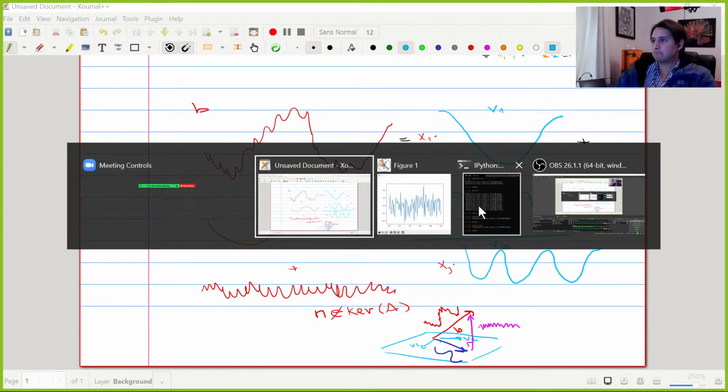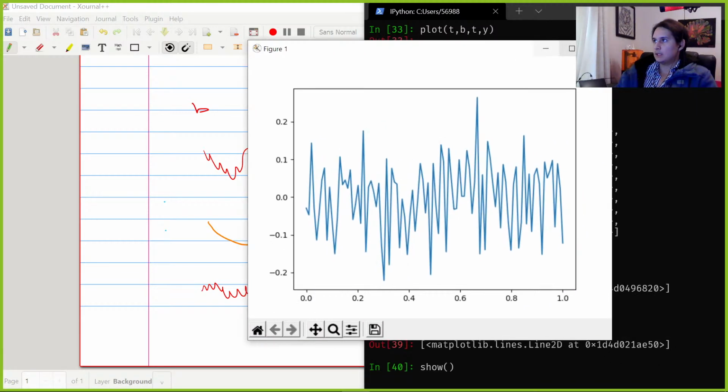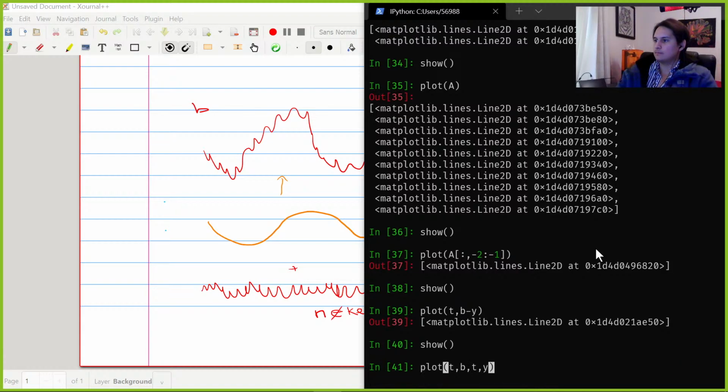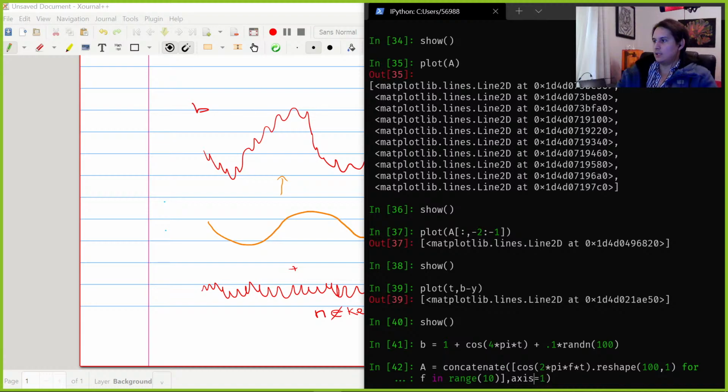For example, if instead of cosine, I choose 1 plus cosine, and I create my basis here.